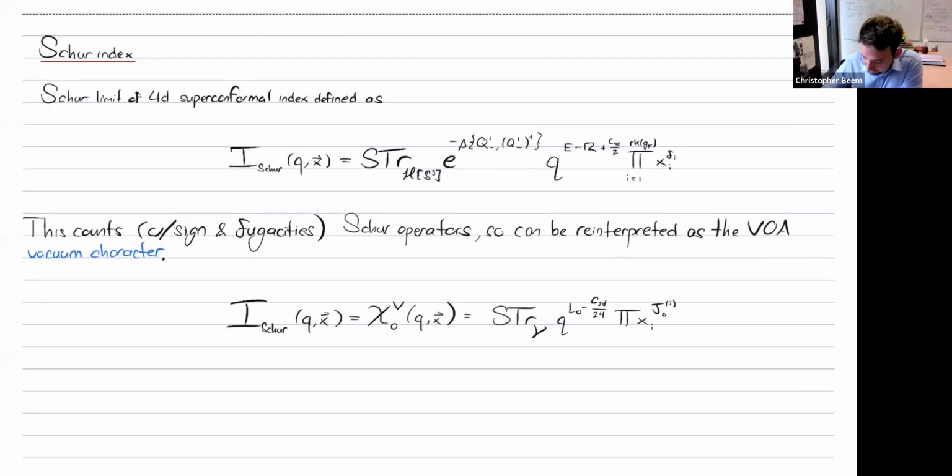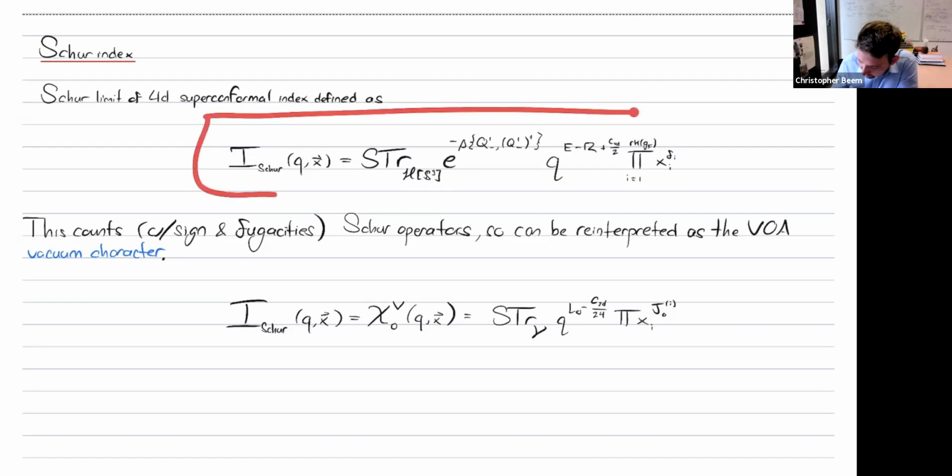And there's a limit of the superconformal index. So this is the path integral on S3 times S1 in your four-dimensional SCFT that gives you a supertrace over the radially quantized Hilbert space. So it's giving you some sort of operator counting function.